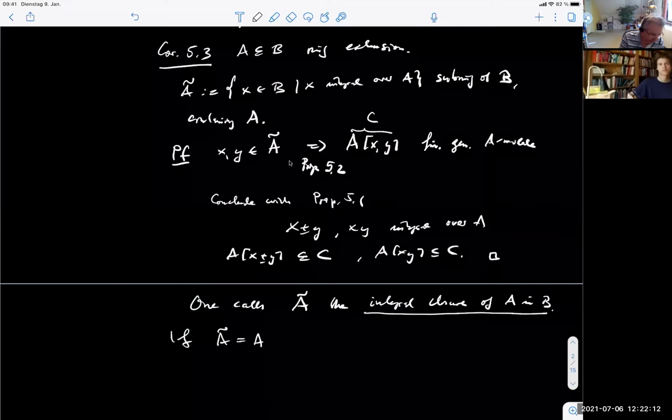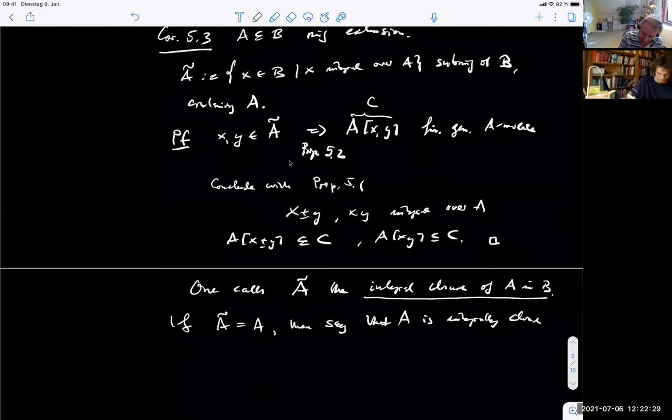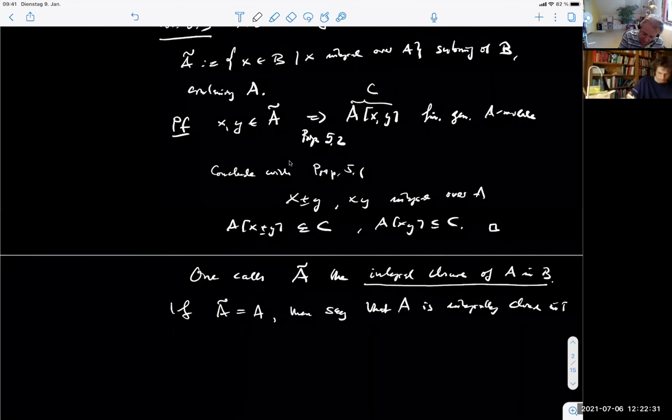In this case, we say that A is integrally closed in B. So this is a relative notion. It's not an absolute notion of the ring A, but it refers to the extension.